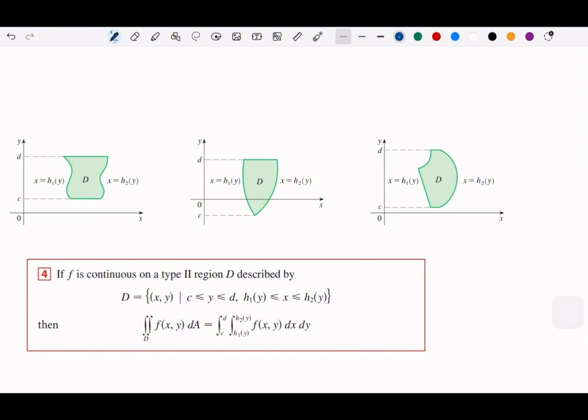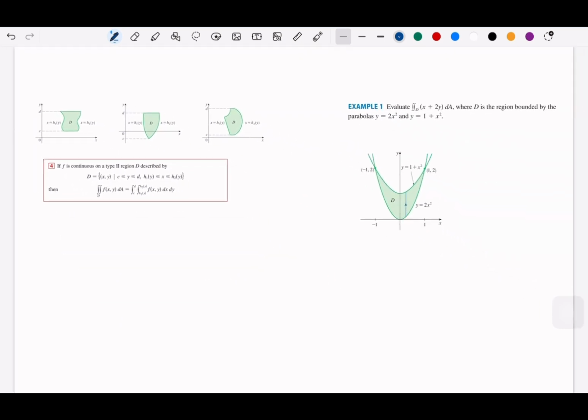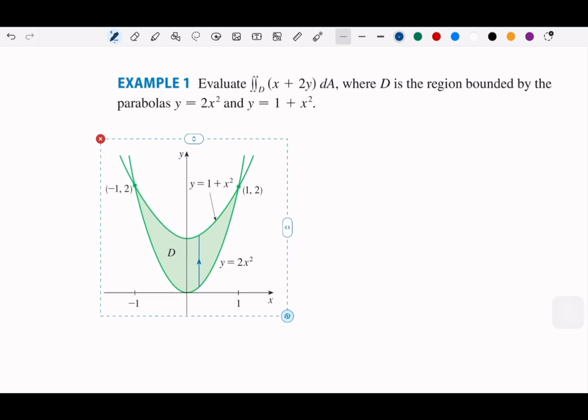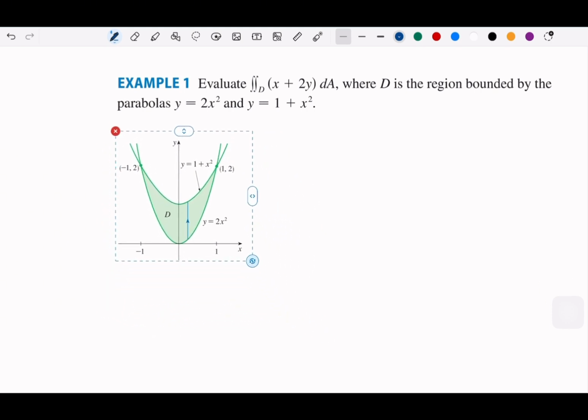So I think we could start with example 1. Suppose that we have the double integral of x plus 2y dA, and the information given is that D is bounded by the parabolas 2x squared and 1 plus x squared.